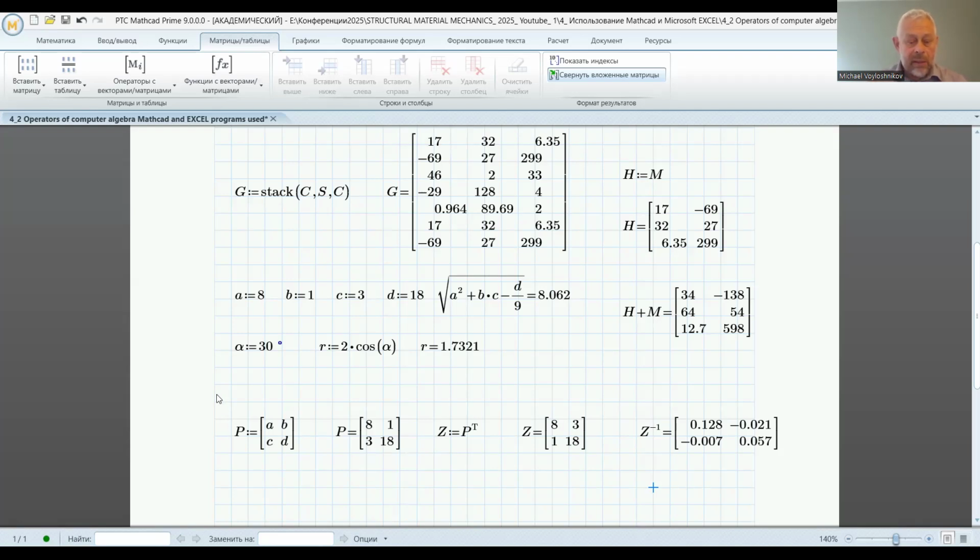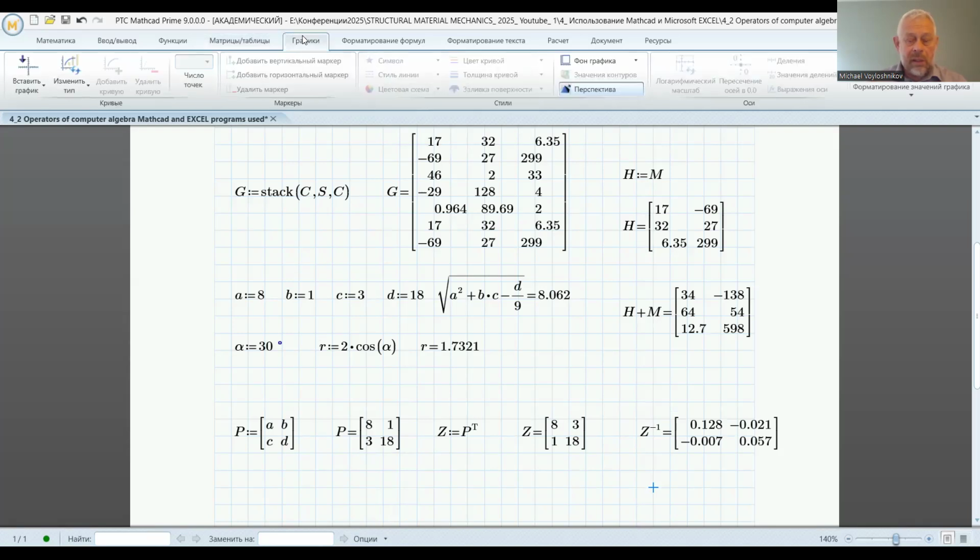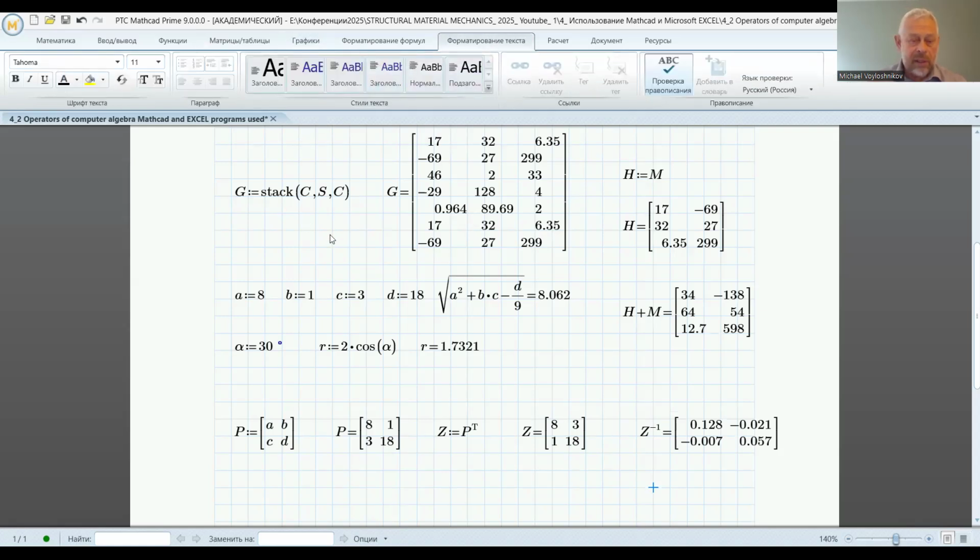Okay, and we can use the options in Mathcad to plot graphs and do the output like the graph, etc. We can do the text format here.